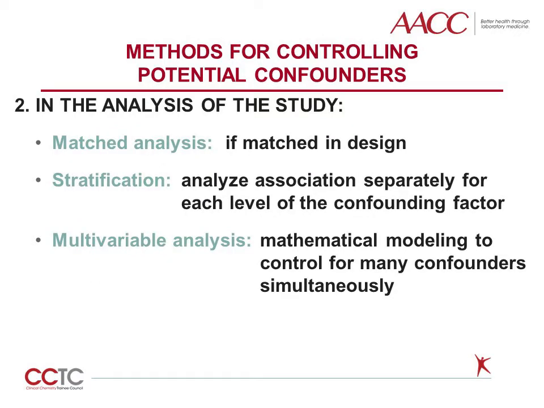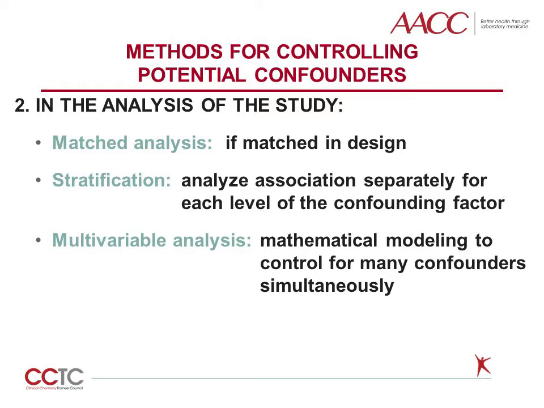In the analysis of the study, if you did match in the design of the study, then you need to consider doing an analysis that is matched. If you didn't match, then you can use stratification and multivariable analysis. Stratification is an analytic technique to look at one possible confounding factor at a time.